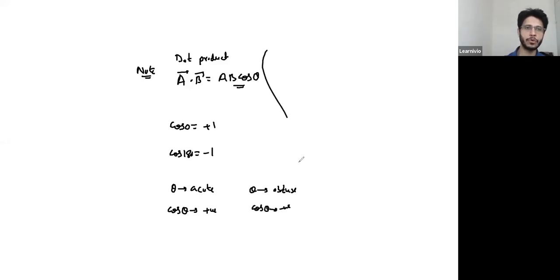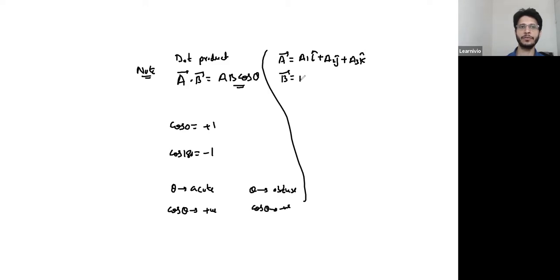You should know one more thing from vectors, that if you have a vector A in this form, A1 i cap, A2 j cap, and A3 k cap, and you have another vector B of the form B1 i cap, B2 j cap, B3 k cap.